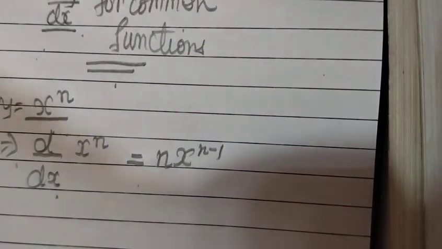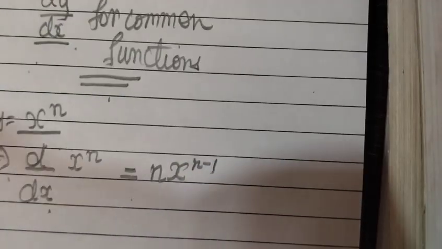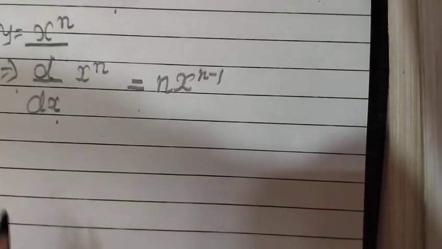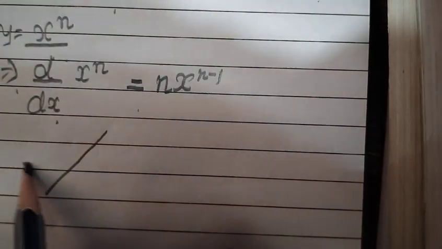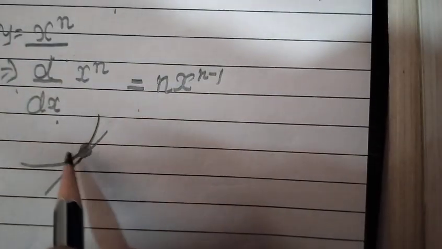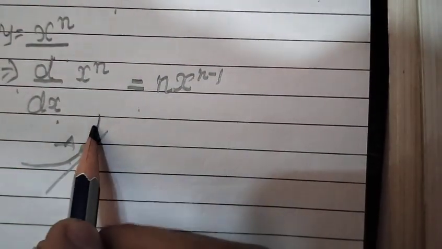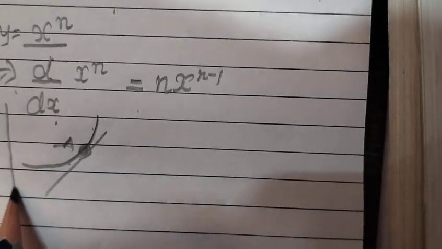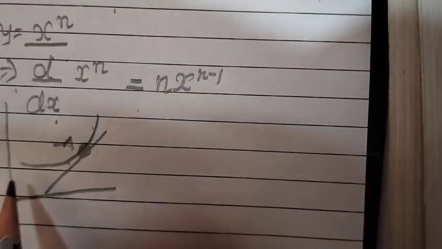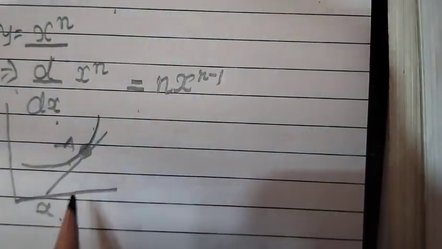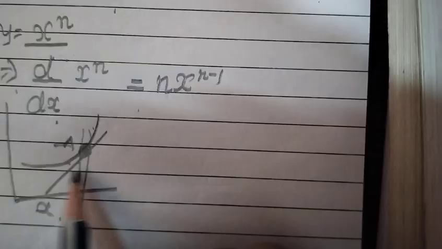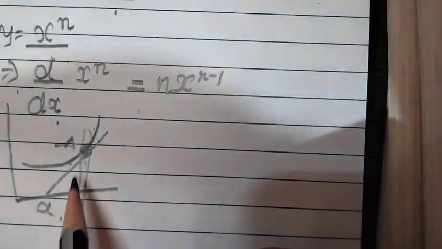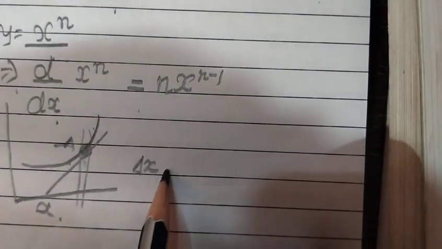This is exactly because earlier we saw that the slope of tangent at a point, at this point A, this is the curve that represents the graph of y versus x. So at this point, this is the point that lies between two very close lines, and between these the value of delta x is very small.